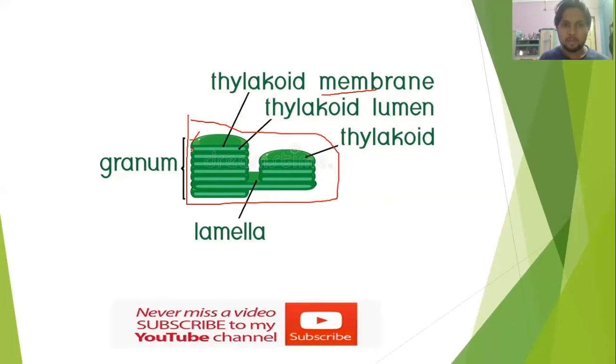Between two thylakoids there is a space called thylakoid space, and this is the thylakoid lumen. And between two grana there is a connection, called the lamellae. In this membrane, in these places, our chlorophyll is present.